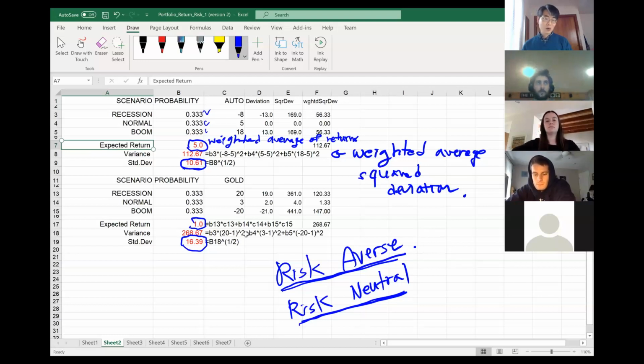So there is no reason for any risk-averse investor, or even a risk-neutral investor, to invest in gold. But many people actually buy gold. Many portfolios have a certain share of gold in them. So why?